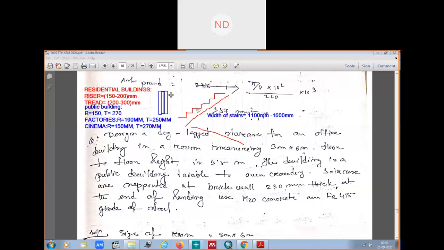So this is called your width, this is your tread, this is your riser, this is your waist slab.